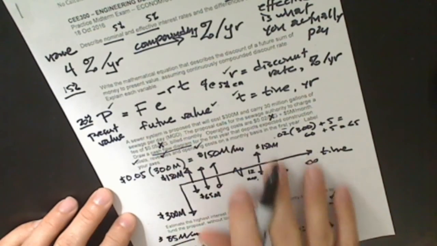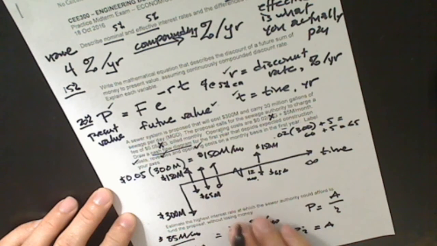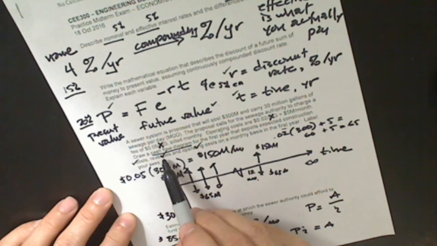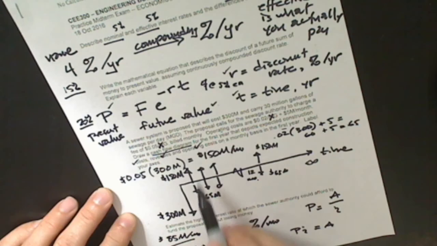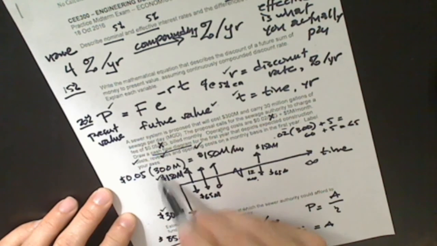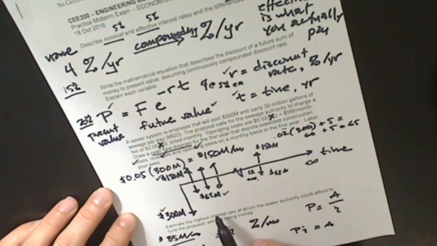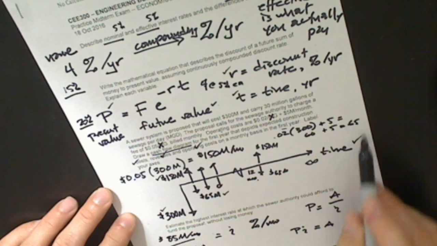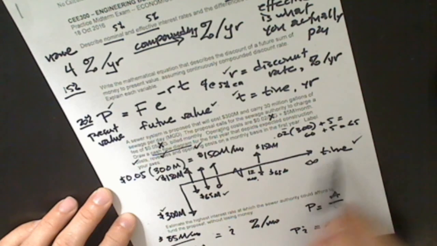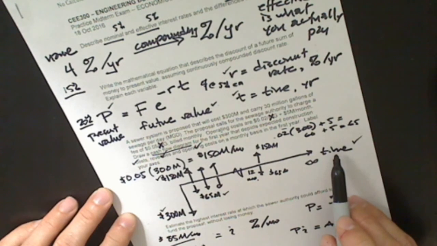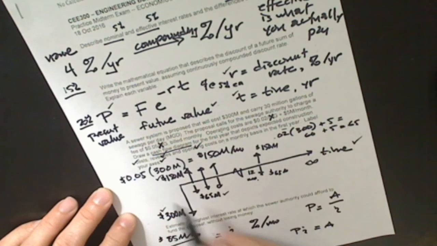Here we have a little bit more complicated problem. We've got to get costs, revenues, operating costs, revenues, operating costs, correct. Have to remember to label the axes, and in this case there's one axis, time.